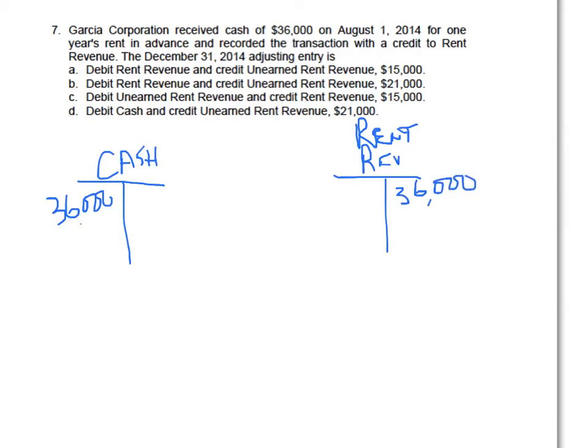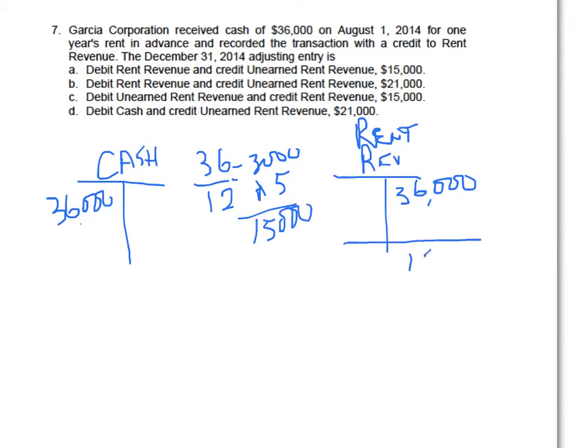And at December 31, 2014, the adjusting entry, so it was for a year's rent in advance. So let's count them on our fingers. August, September, October, November, and December, 5 months have actually been earned. If you take 36,000 divided by 12 is equal to 3,000 per month, times 5, or 15,000 is what has actually been earned.